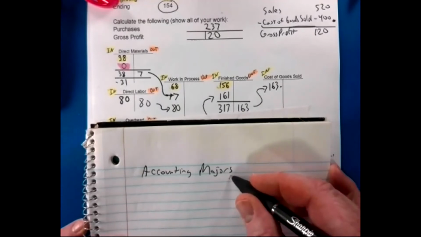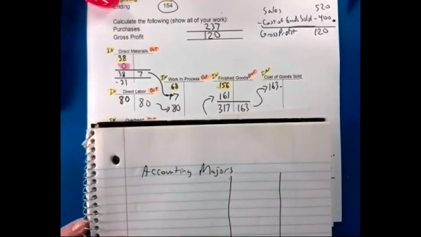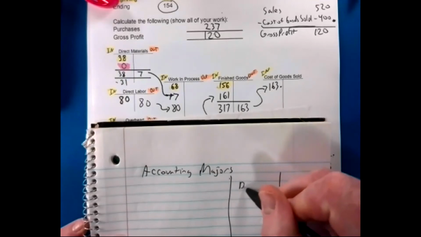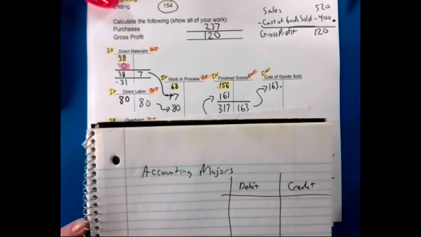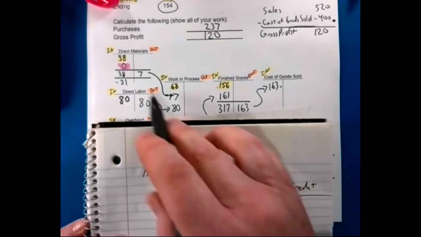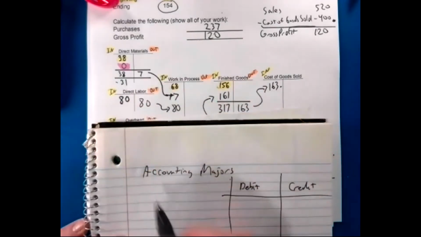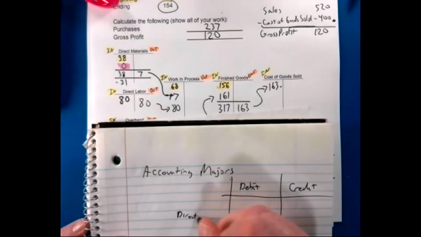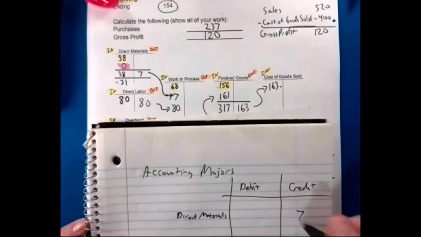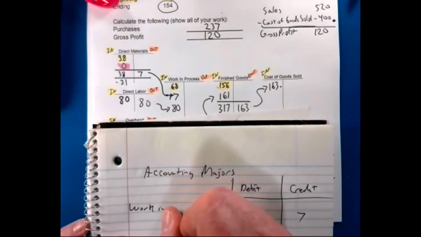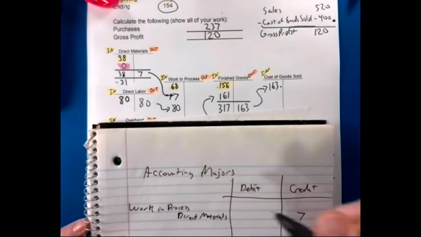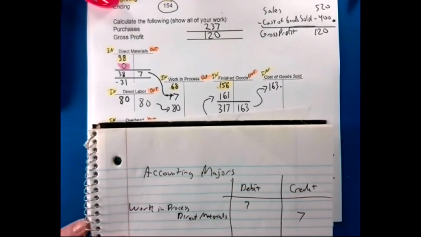If you know how to do these, you know how to do the journal entries. Anywhere there's an arrow is a journal entry. So this would be debiting direct materials 7, and this goes into work in process. So you don't really need to know this.